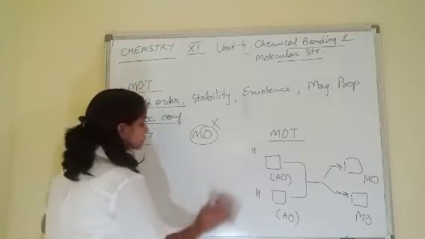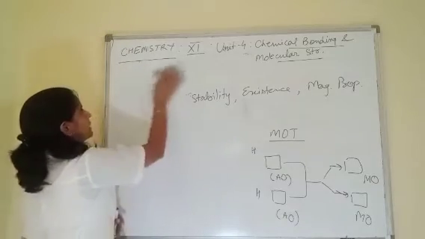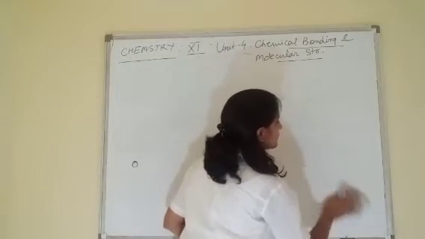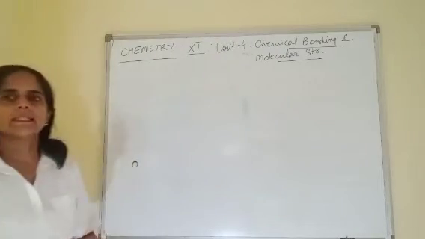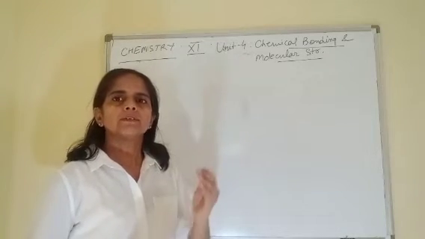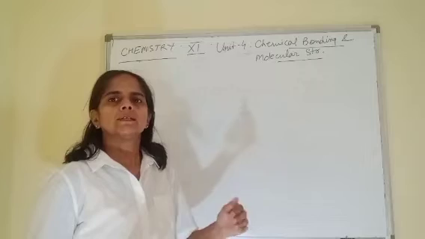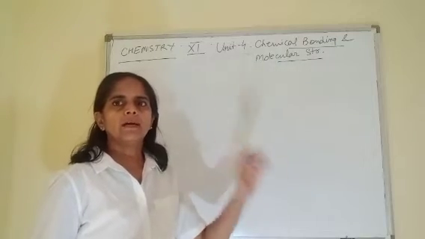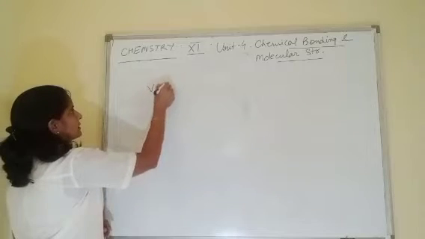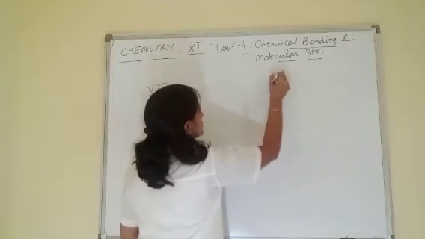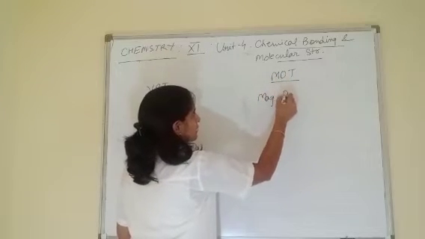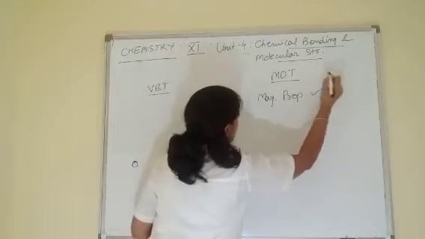Now, what is the next point of difference between VBT and MOT? How is MOT better than VBT? We are not saying that VBT is not useful. VBT is also a useful theory, but there were some drawbacks due to which we need MOT. In MOT, we get the exact information about magnetic properties of a molecule.